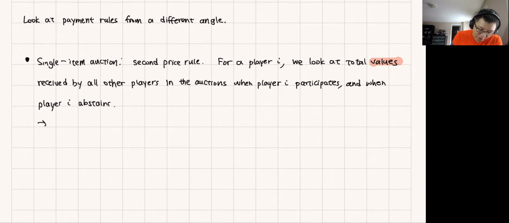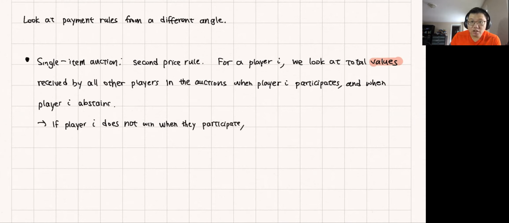The first case: if player I does not win the regular auction, does not win when they participate, then that means somebody bid higher.